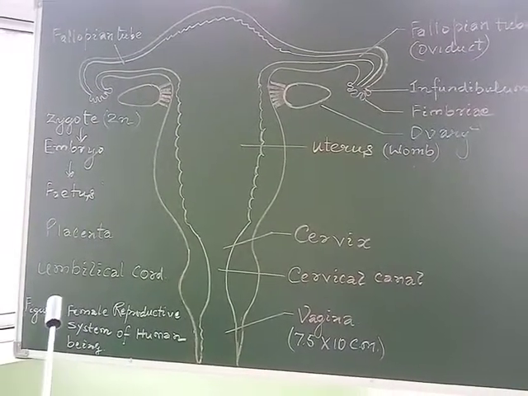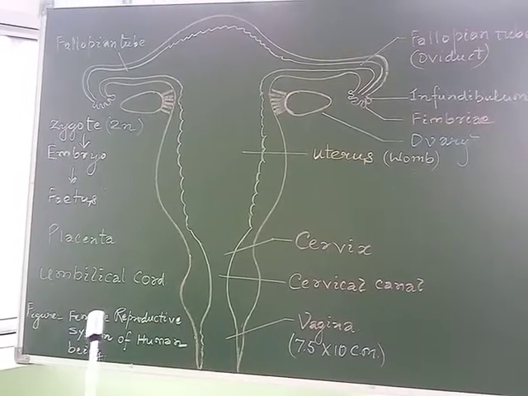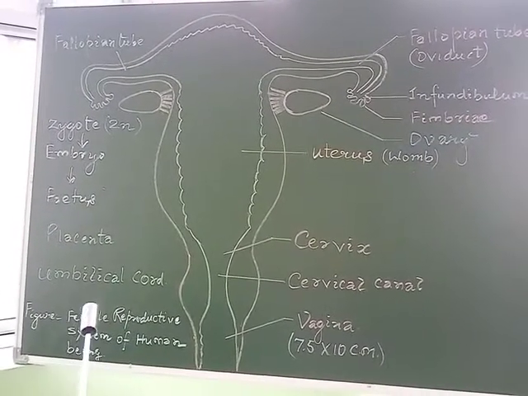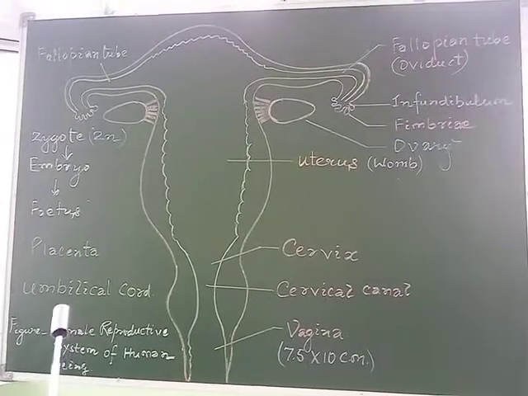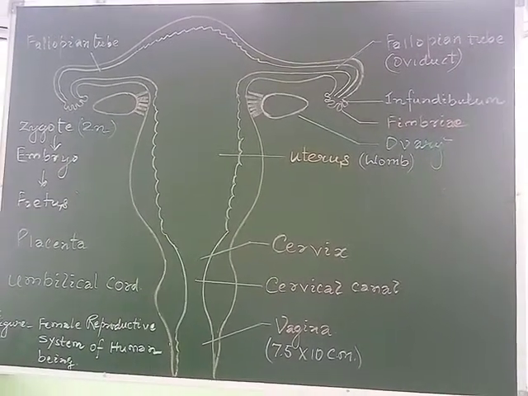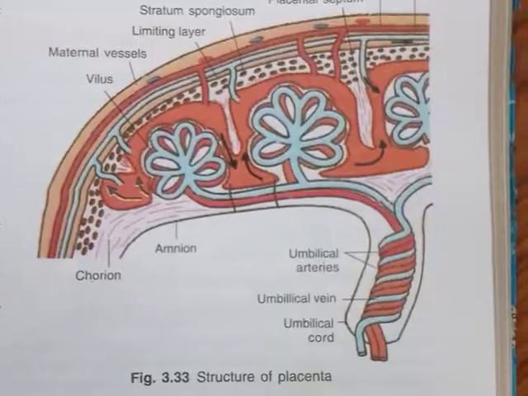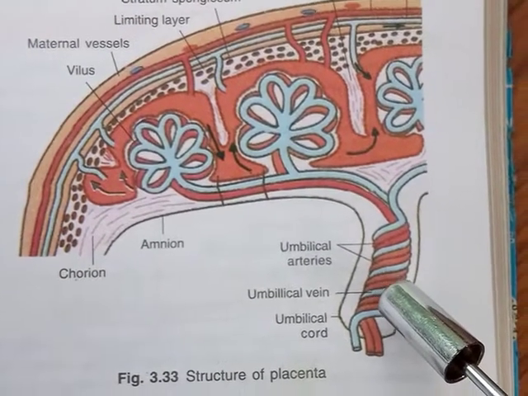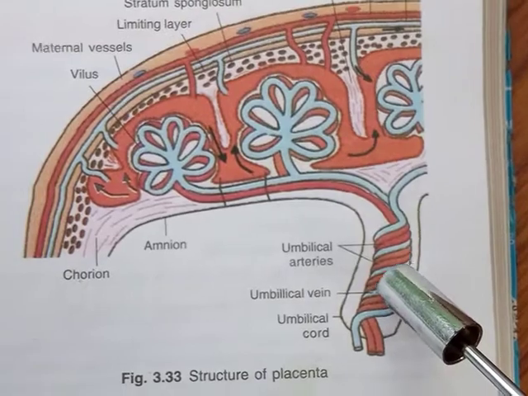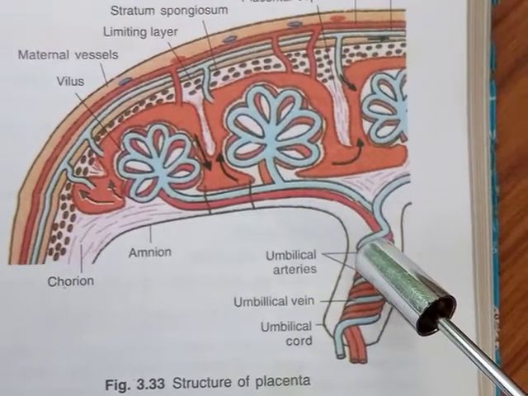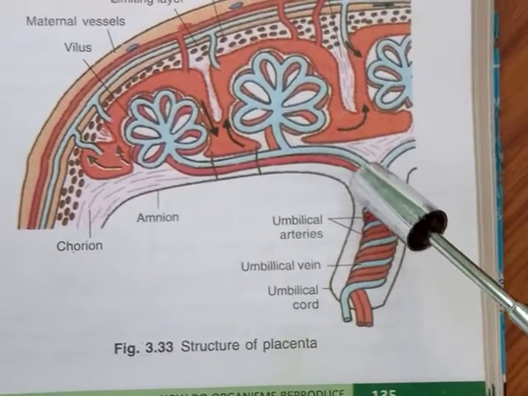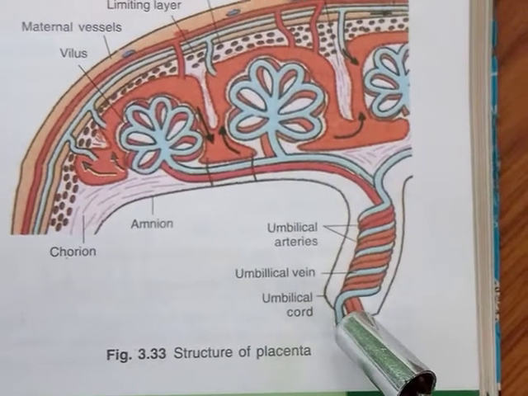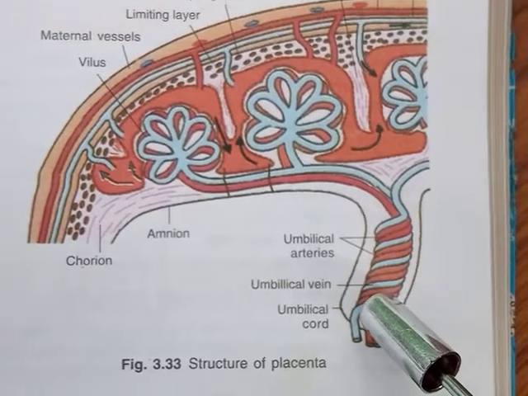A cord-like structure containing blood vessels connects the placenta with the fetus, which is called the umbilical cord.